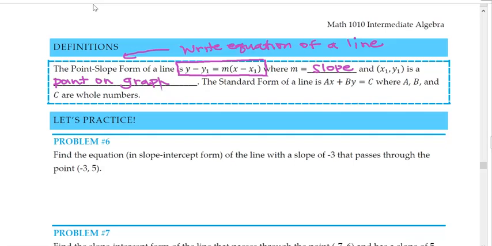So again, when we're looking at the name of this, point-slope, we need to know a point and we need to know the slope in order to use this formula here. And then standard form, you're going to see also, is written this way, where you see how the x and y are on the same side of the equation, and then that constant term is by itself on the other side. So that's what we mean by standard form.